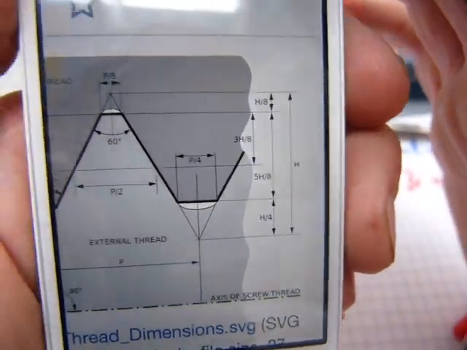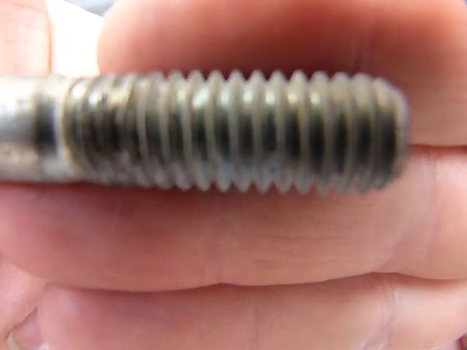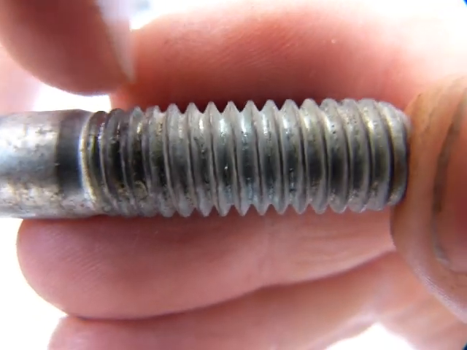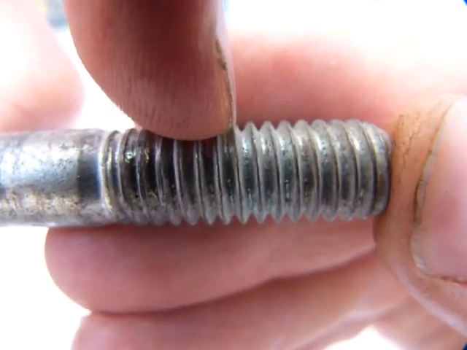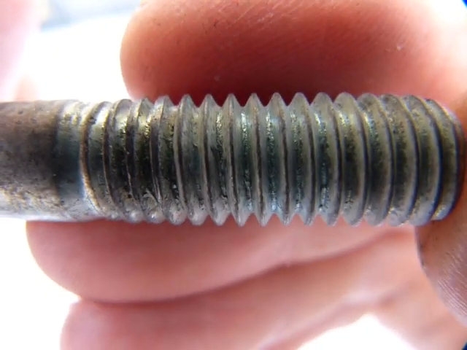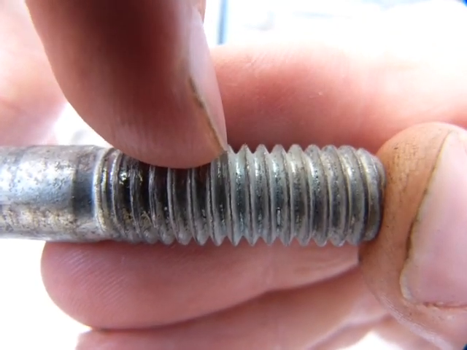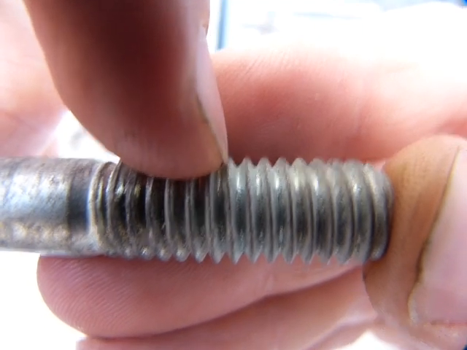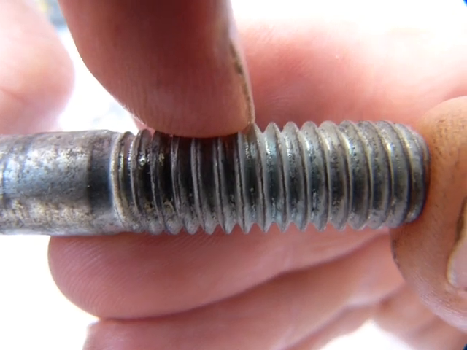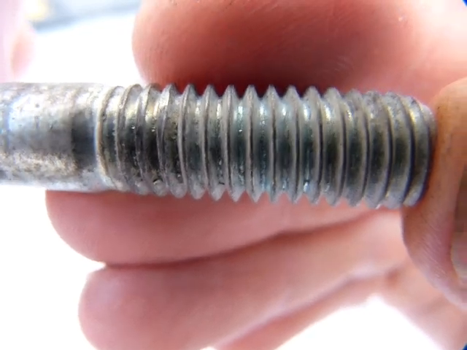You can see on this one that the threads are indeed not sharp, they are rounded, they are not sharp triangles. They have a little rounding, and you can see a little width that the tip of these triangles have, and that happens on every thread.